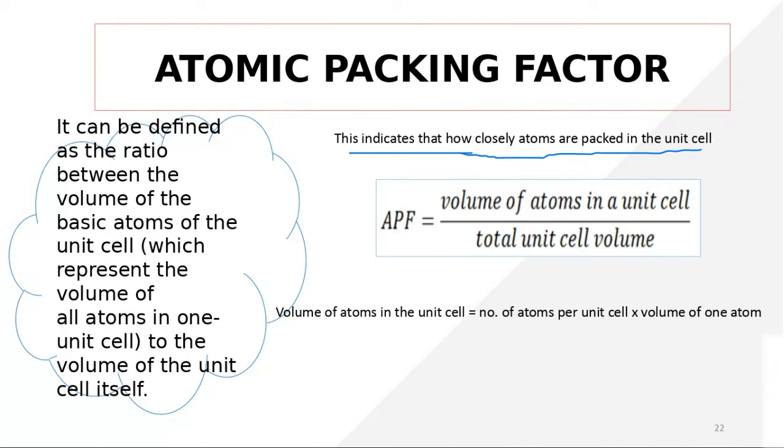It is defined as the ratio between the volume of the atoms in the unit cell and the total unit cell volume. How do we calculate the volume of atoms?